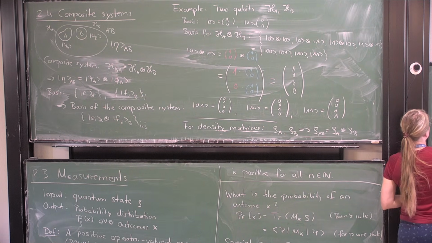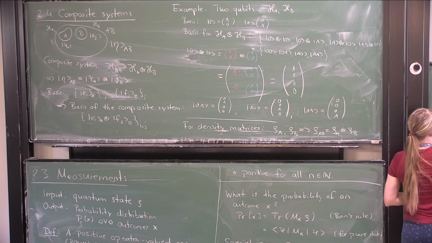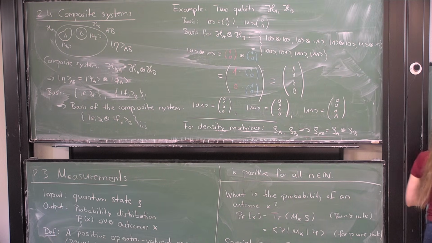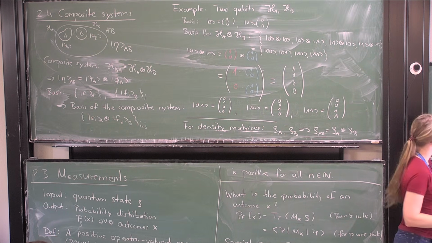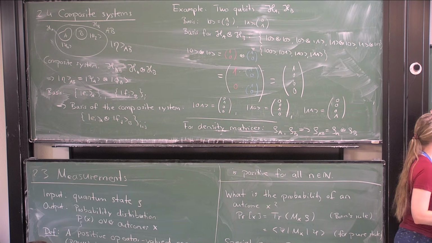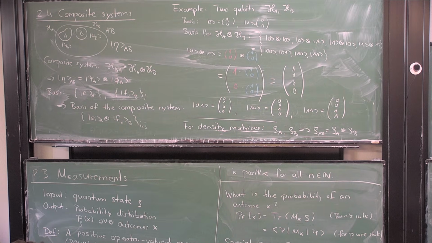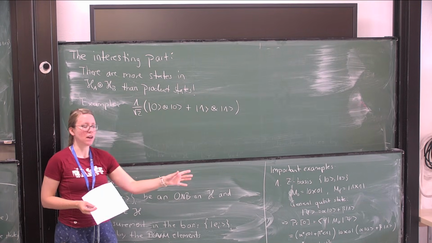For example, we can take a linear combination like this: 0 and 0 plus ... This is a linear combination of product states, but no matter what you do, you will not be able to write this as a product state of one state tensor the other.